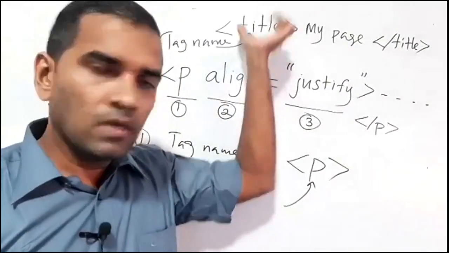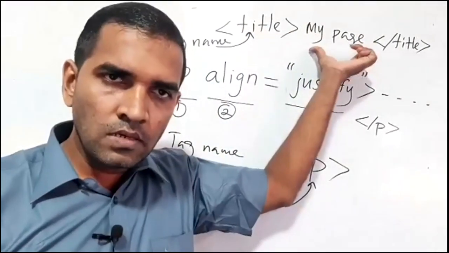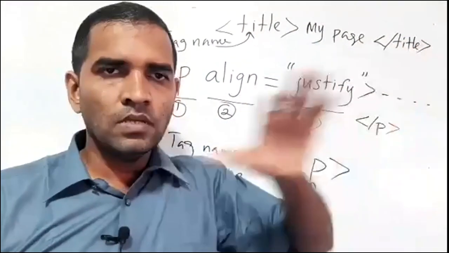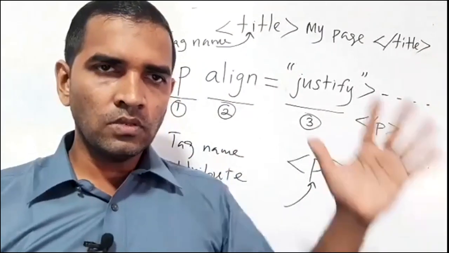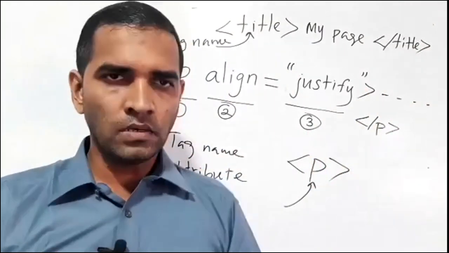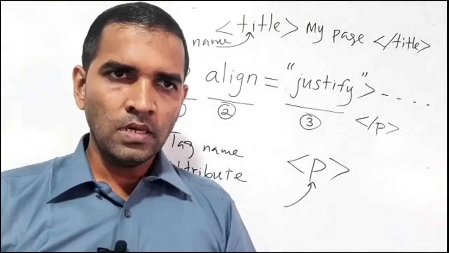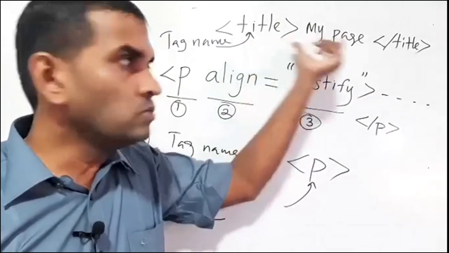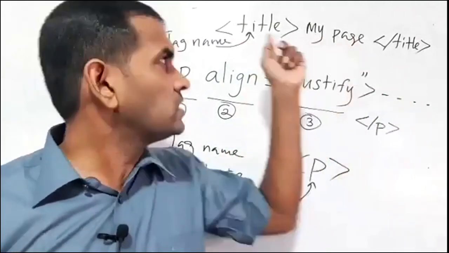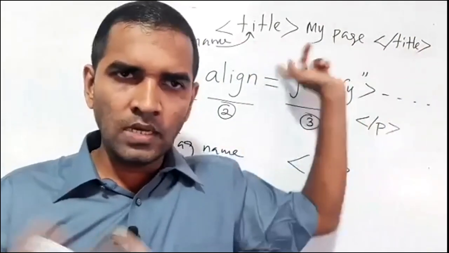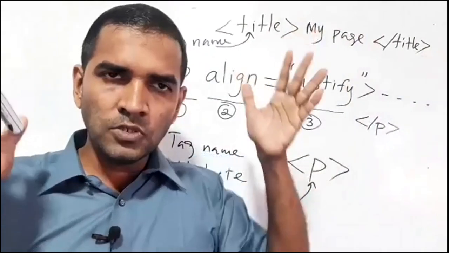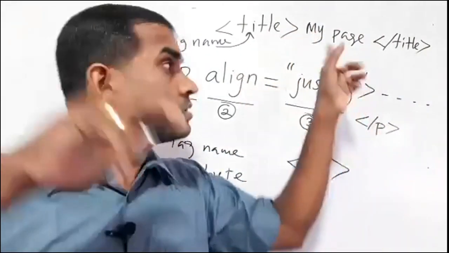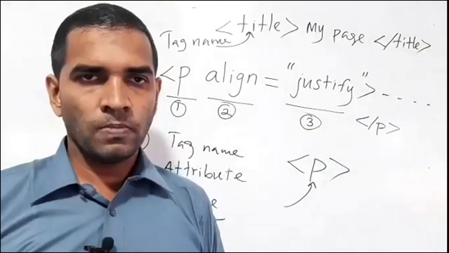A starting tag and a content at the same time, the closing tag or end tag. So this whole thing is called element, right? Tag is only this one. When it comes to tag, you don't include the content, right? This is tag, this is also tag, starting and ending. But when it comes to element, it includes the content also.